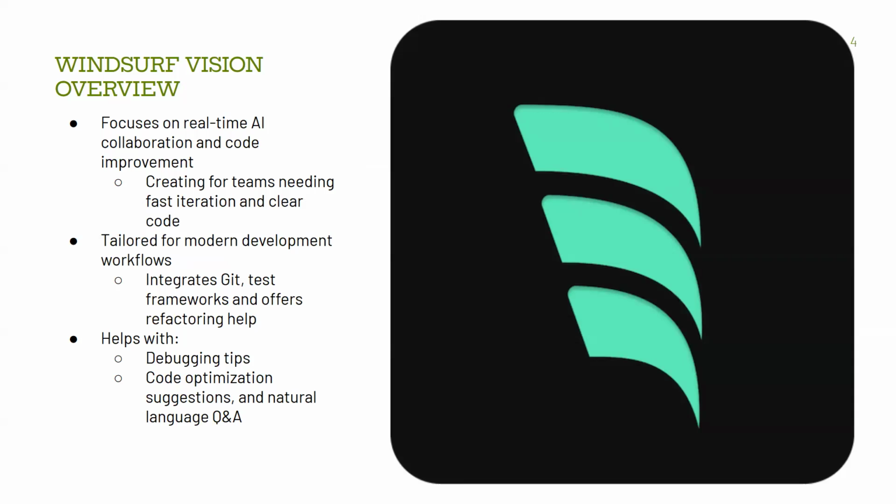Another thing I do want to talk about is Windsurf. I will be showing an example of how this is used because I do have it installed, and it was very interesting to see how it could help with other things that you want to work on. The thing about Windsurf is that it focuses on real-time AI collaboration and code improvement. It's created for teams needing fast iterations and clear code.